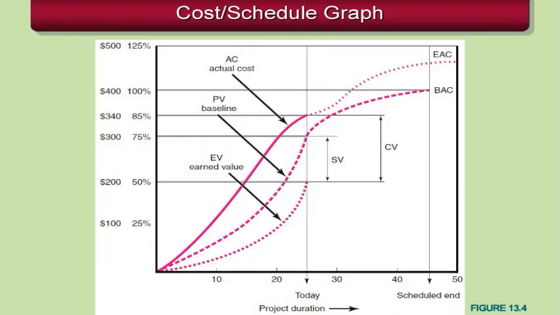And so it's really the gap between those plots. The planned value at the completion of the project is the budgeted at completion cost, and at schedule end, the actual cost comes into the EAC, or the earned actual cost for the project.